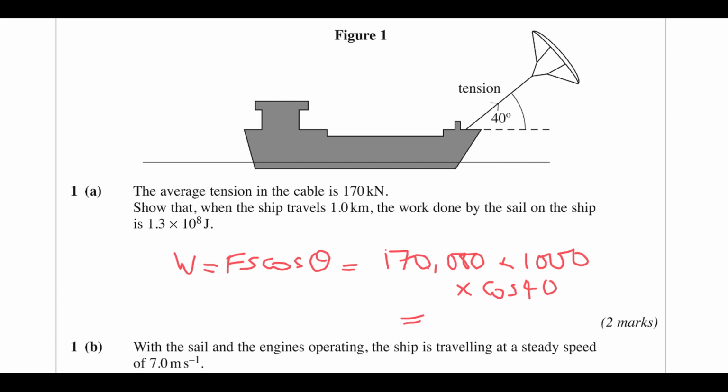So if we put all that in, we end up with 1.302 and so on times 10 to the power of 8 joules, which is roughly 1.3 times 10 to the 8 joules there. So that's worked out just fine.